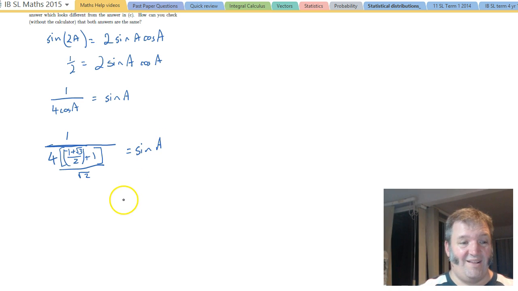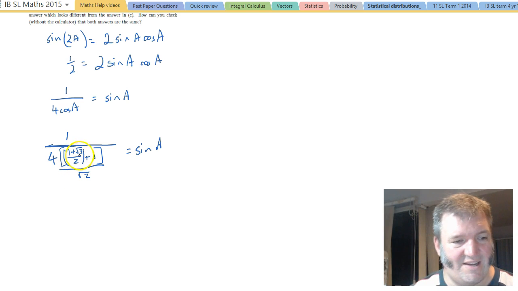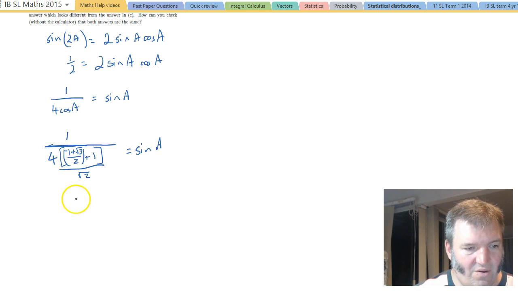Pretty ugly, but let's neaten that up first. I really don't like having this sort of arrangement here in that numerator. That's just disgusting, isn't it? So how are we going to do this? Well, we'll do the 1 over 4. Let's fix up the bit inside the bracket there.